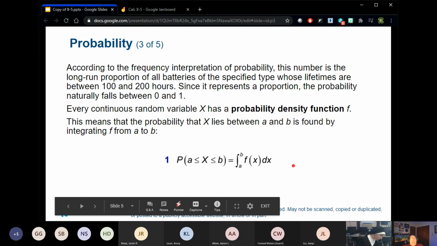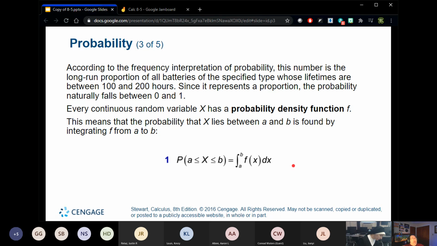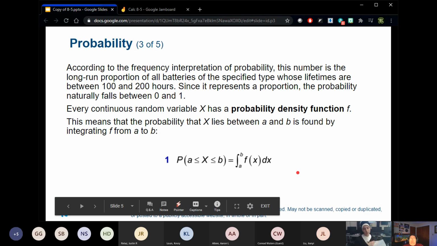Since it's a probability density function, everything under that curve from negative infinity to infinity has to equal 1. Because if I add up all the values under it, I would get 1, or 100% depending on how you want to think about it.